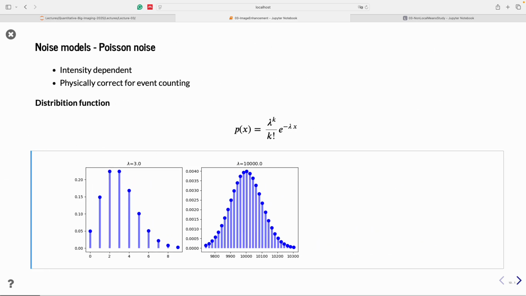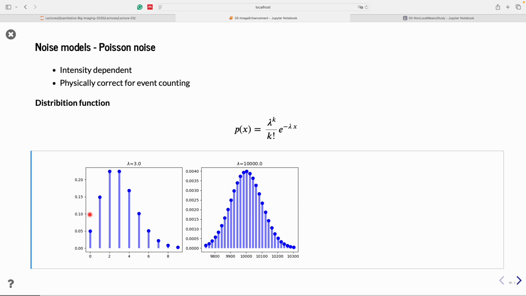Then we have Poisson noise, which is the type of noise that you see in photon or, actually, particle-based modalities. Here you have an intensity dependency, and it's also the physically correct model for event counting. So in X-rays, in light microscopy, also electron microscopy and neutrons, everything is actually based on the Poisson model.